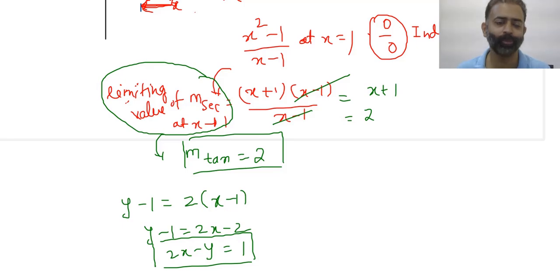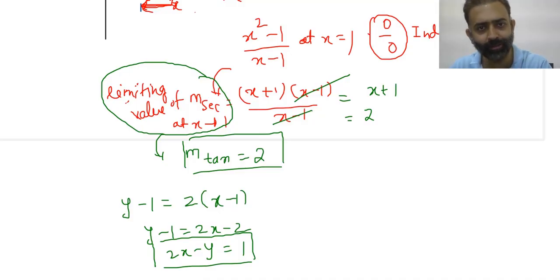Now you are in a position to find out the gradient of the tangent at any point of the curve. We will develop this idea more when we actually solve some questions of limits, and then introduce the idea of differentiation. There also we will use the first principle of differentiation in which limits will be used, right? So this was the tangent problem.